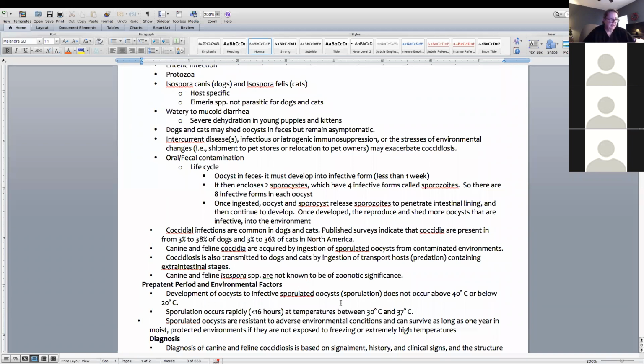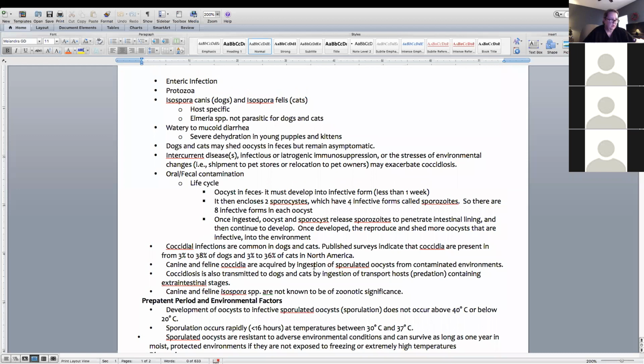So coccidia, that's not a common transfer. So we talk about the life cycle here. It's going to be more in the puppies and kitties, more in the environment. And the thing is, why we see it in puppies and kitties is that the mother may have it dormantly, and when she is giving birth and she's somewhat immunosuppressed, she is shedding in the environment, and it is spreading environmentally.